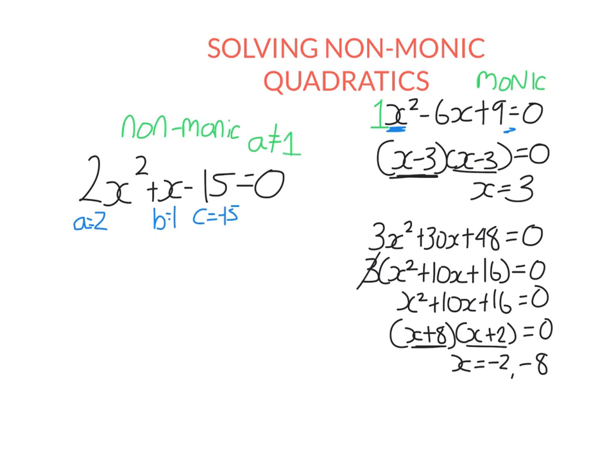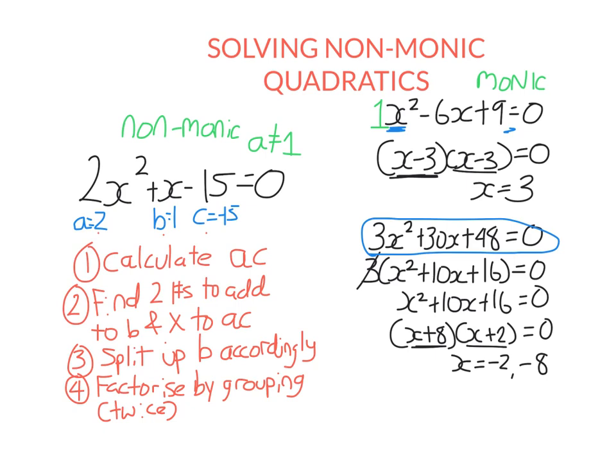Now, in this example, we can't use the previous trick. We divided each term by 3 in the previous example. We can't do that here because a, b, and c have no common factors. I can't take out a common factor and make this into a monic quadratic. So therefore, I'm going to need a totally different method.